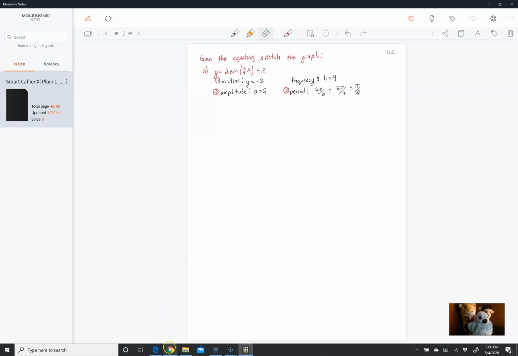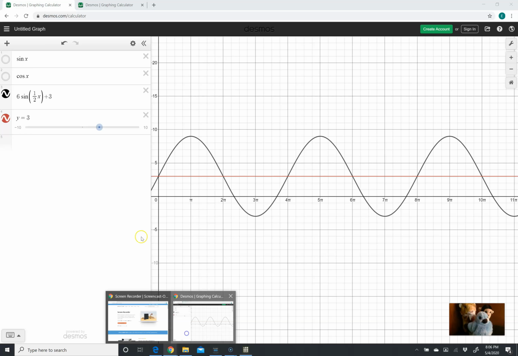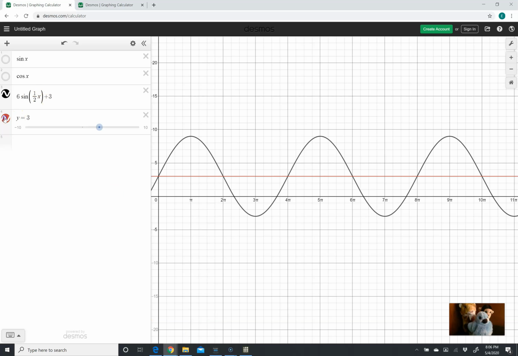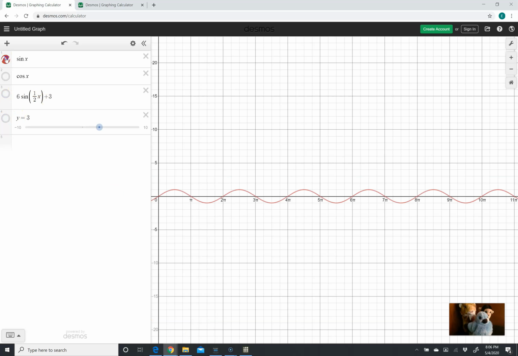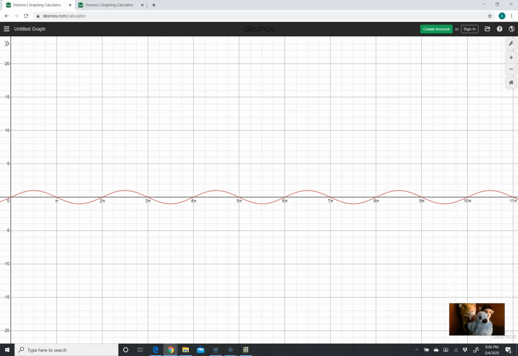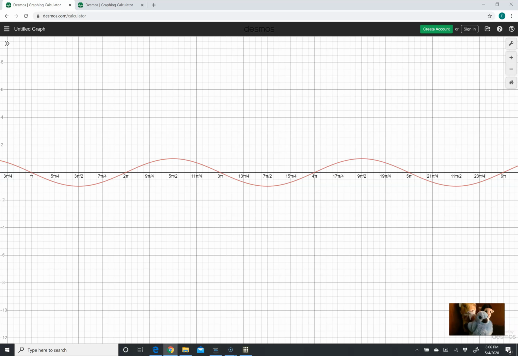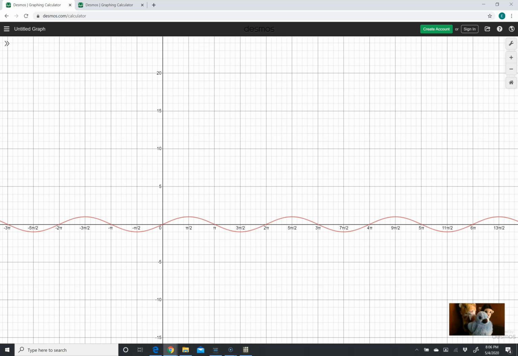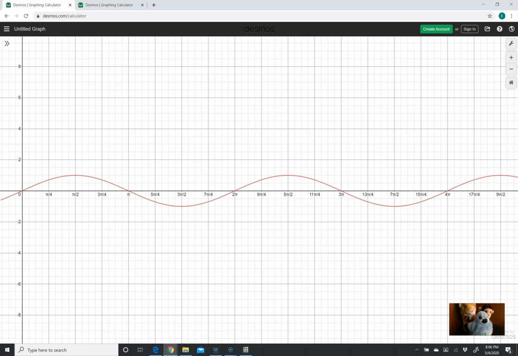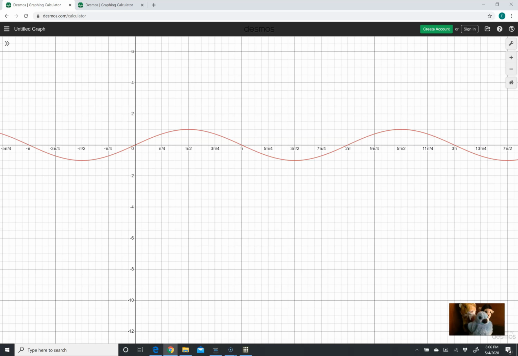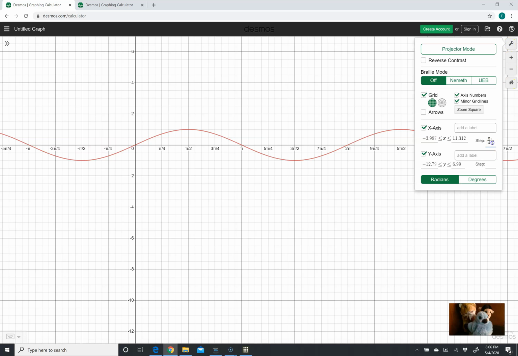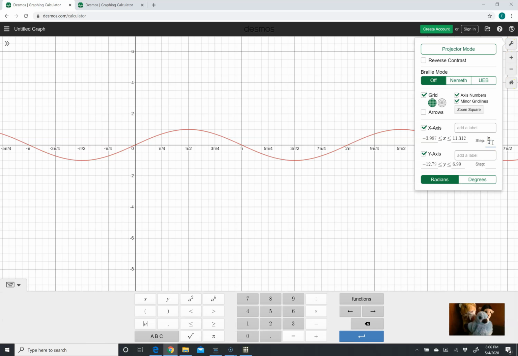So before we actually graph it, I want to show you y equals sine x again, because this is what you're going to use as your guide. Okay, here's 0 to 2 pi. And I'm actually going to take out this step and make our step pi over 2.